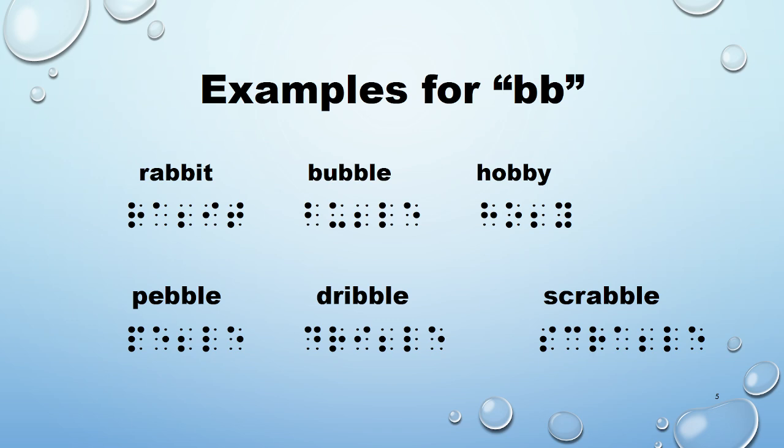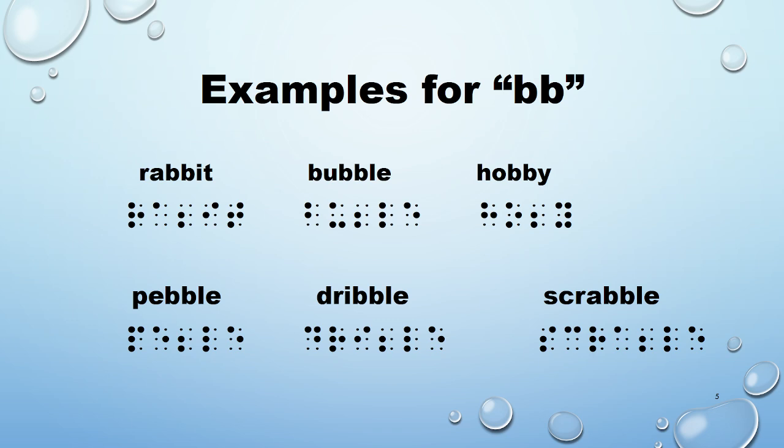Next word, bubble, BUBBLE. So we can also contract BB there in the middle of that word. Next we have hobby, HOBBY. And since we have two letter B's in the middle, we can contract these two letters by simply using dots 2 and 3.